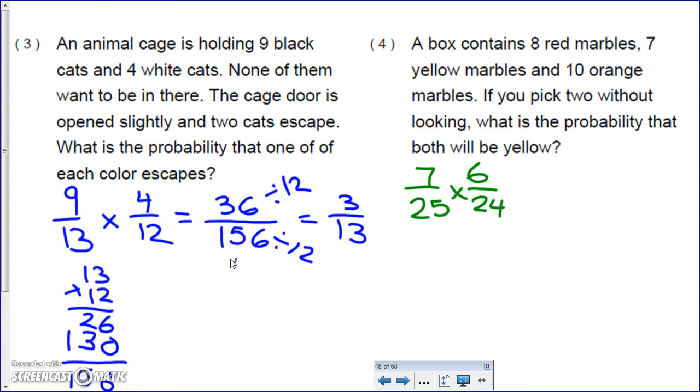To make this easier for ourselves, we can simplify the 6/24 now rather than at the end. So it becomes 1/4, which equals 7 over 100. And then we don't have to go through the long simplifying process at the end. Please copy down all of this work and glue it in your math notebook.